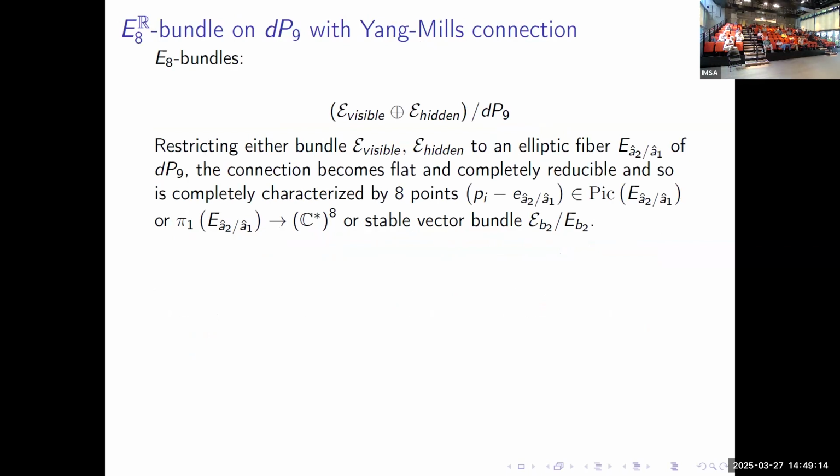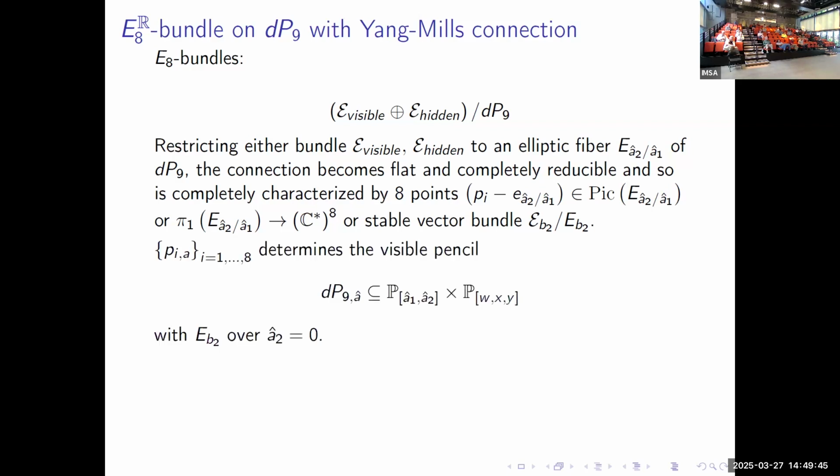So over our dP9, to make a long story short, we have 2 E8 bundles. One of them is the visible universe. The other is the hidden universe, dark matter and energy.